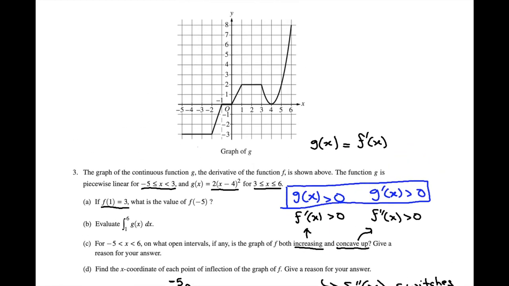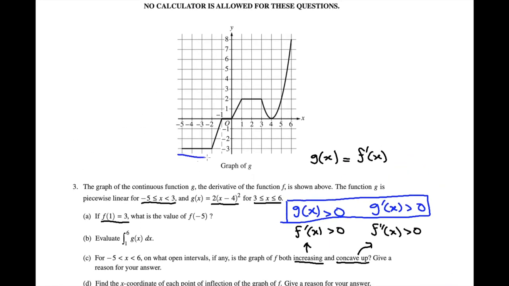To help me out with this, I'm going to make a little chart here, and I'm going to track exactly what g prime of x is doing at every given interval. That place looks interesting, so let's make a line there. On this interval over here, g prime is just 0. From -2 to -1, it's positive, because g of x is increasing.